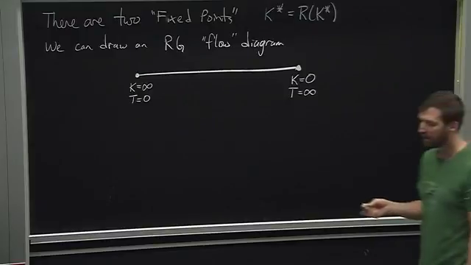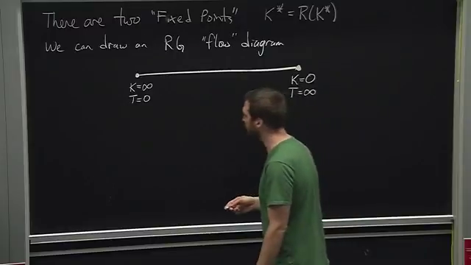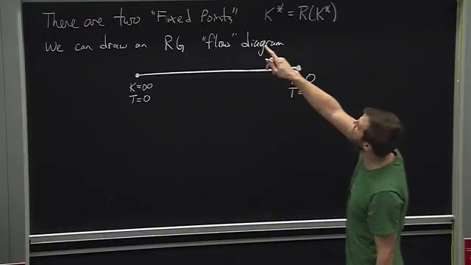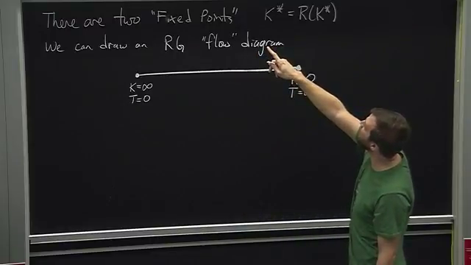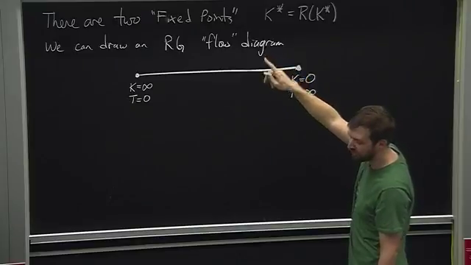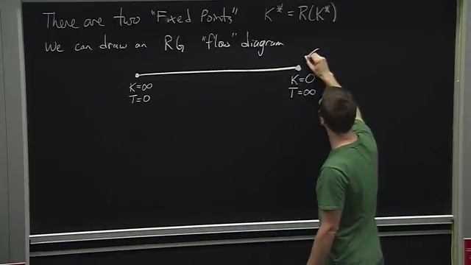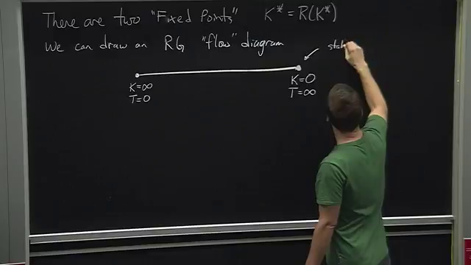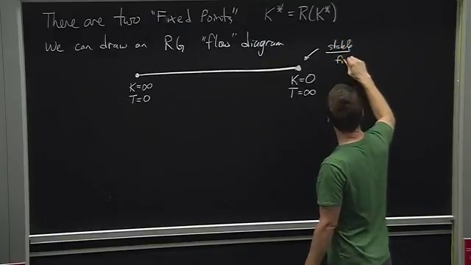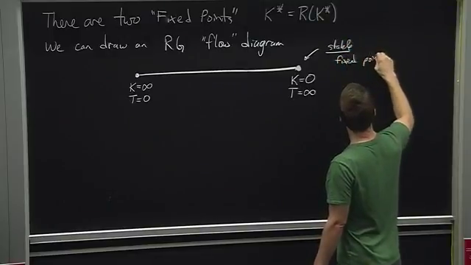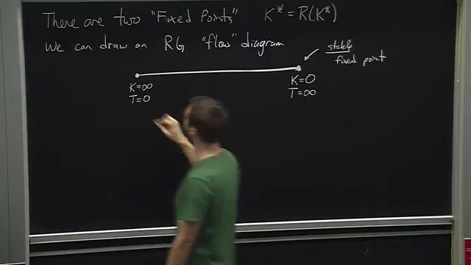And you have an unstable and a stable fixed point. Okay, so this stable fixed point is the one that you flow to. It's attractive, so it's up here. Stable fixed point. And then this one is the unstable fixed point.